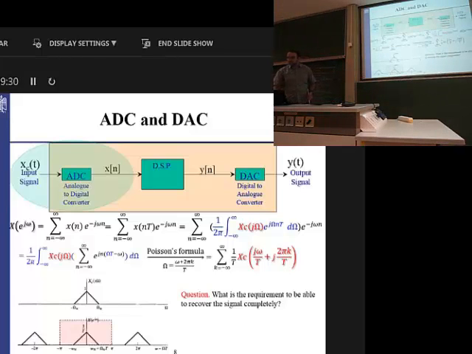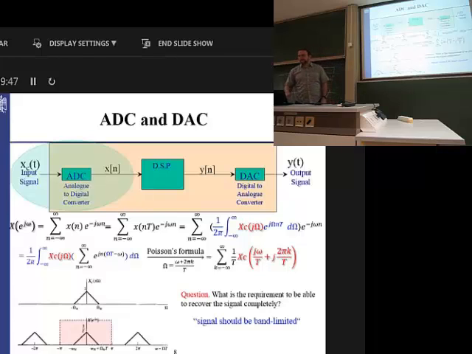If we can make it, then we can recover the signal completely. So the signal should be band limited. It should end at omega N and minus omega N somewhere. And that's important when we want to recover the signal, we need such a filter.